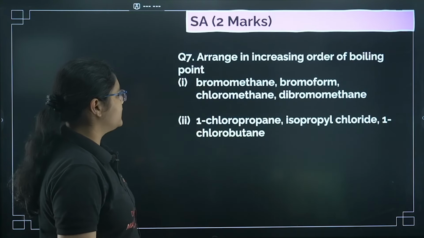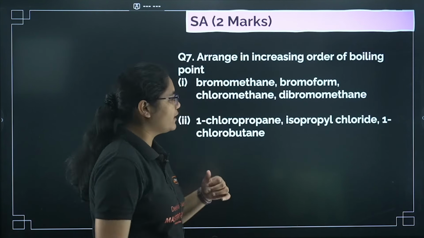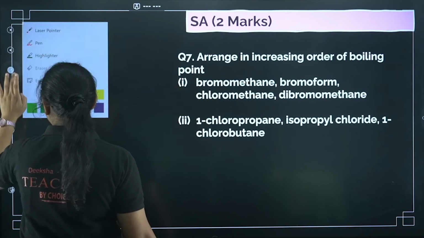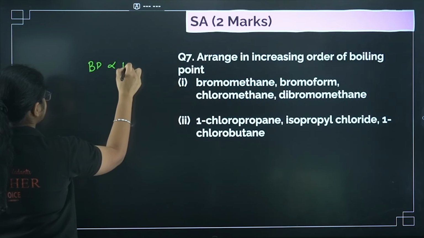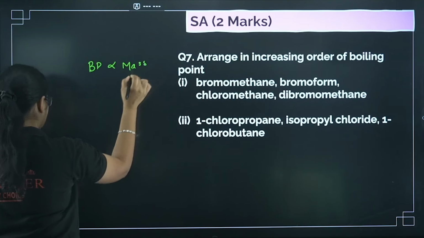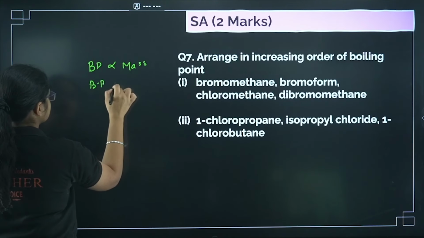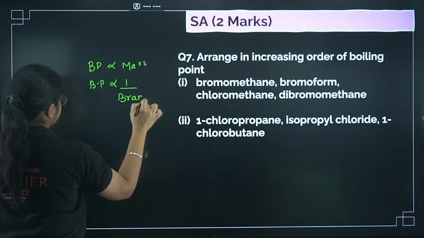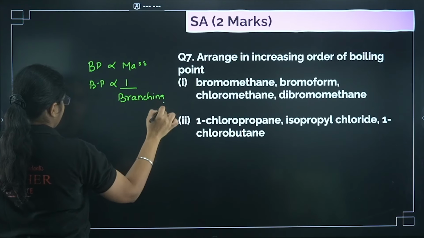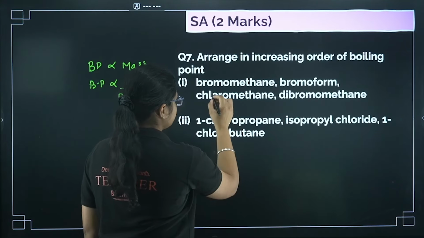Okay. Next, arrange in the increasing order of boiling point. This is again a concept we have discussed while discussing MCQs. Boiling point is directly proportional to mass, and it is inversely proportional to branching. Okay, so these two things you should remember for boiling point. Now let us see the structures here.